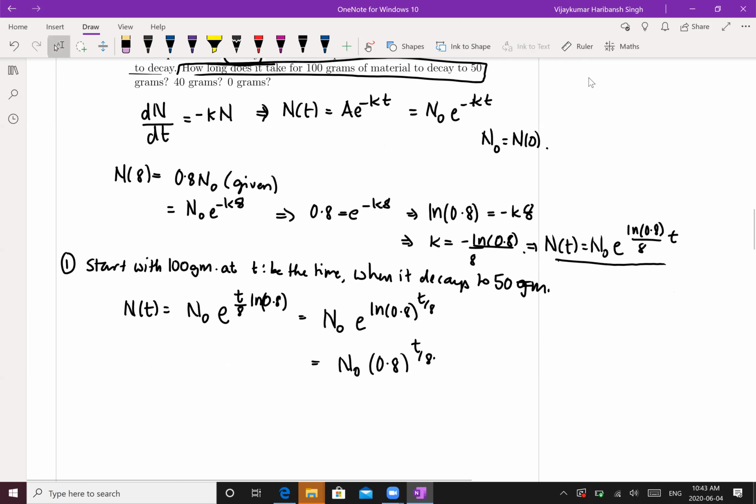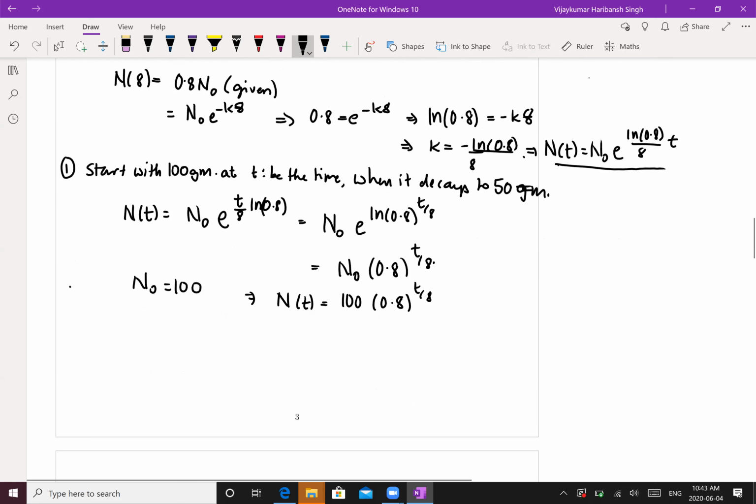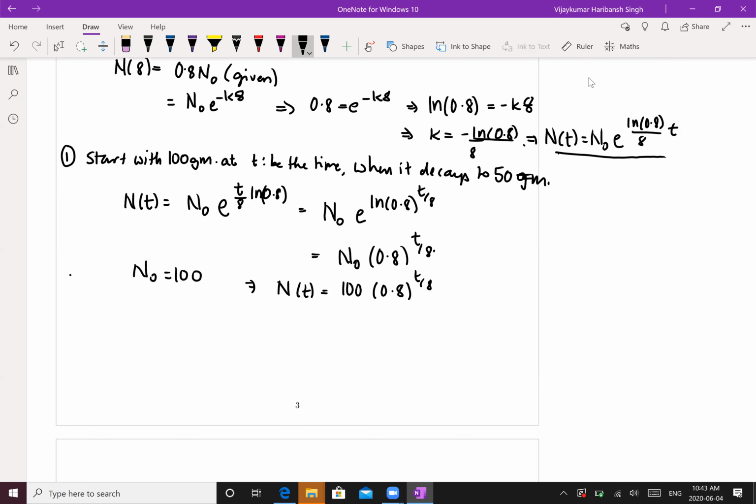Okay. So now let's answer the question. Your N0 is 100. This implies N of t equals 100 times 0.8 to the power t over 8. So we have simplified it to make it look like this now. Now question 1, reducing to 50 grams.